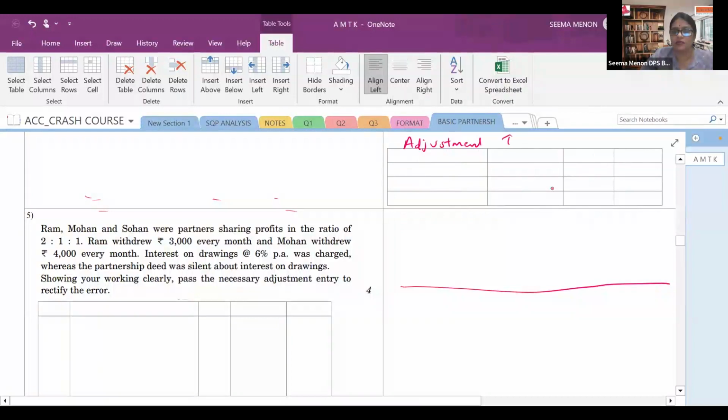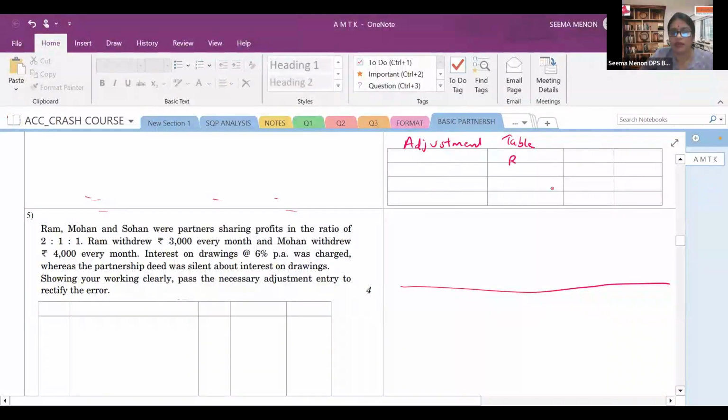This is your adjustment table. So give the names as Ram, Mohan and Sohan. Okay, now please focus.